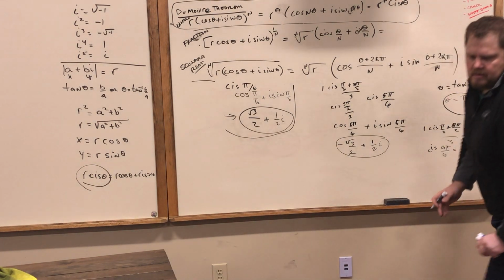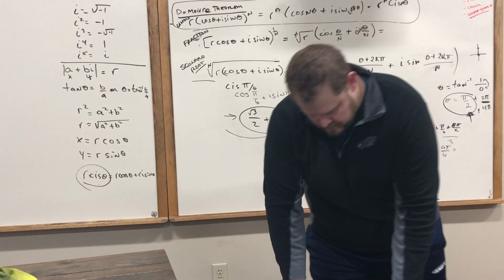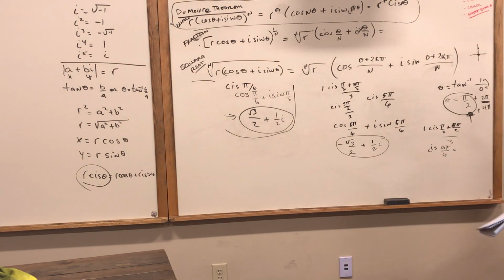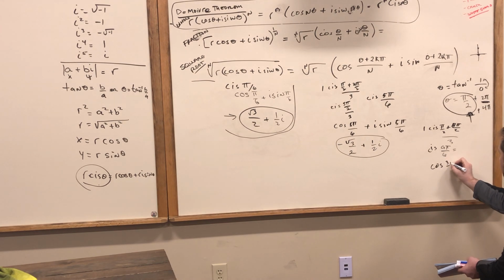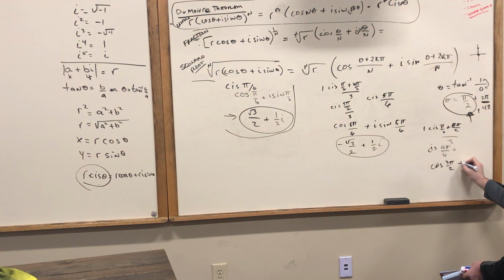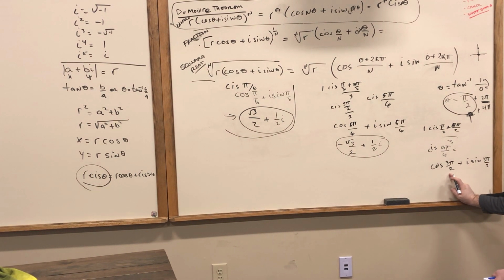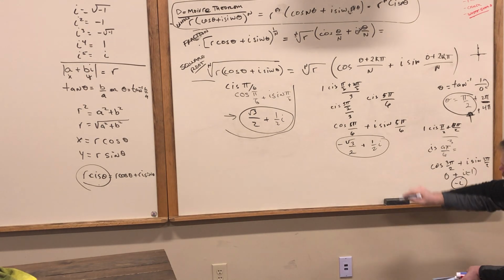Essentially that reduces to cosine 3 pi over 2 plus i sine 3 pi over 2. Cosine 3 pi over 2 on your unit circle is 0, and sine is -1. So your final answer is -i. So you have 3 answers.